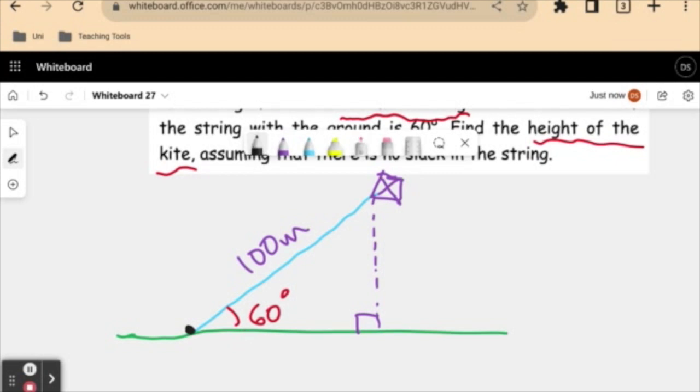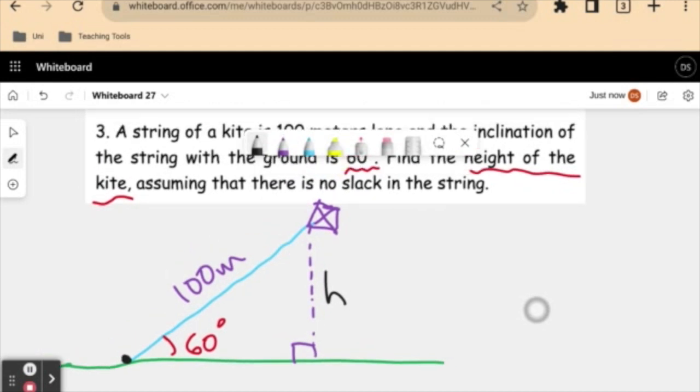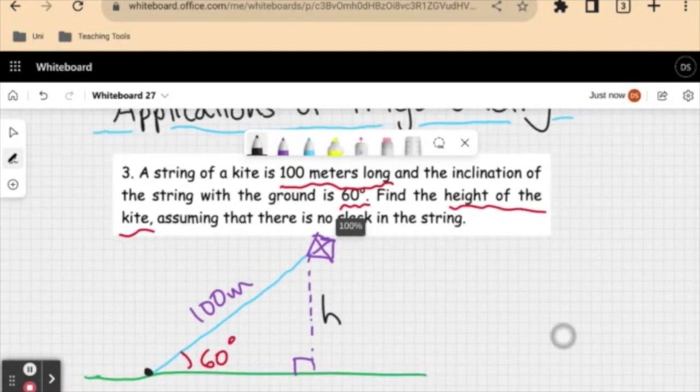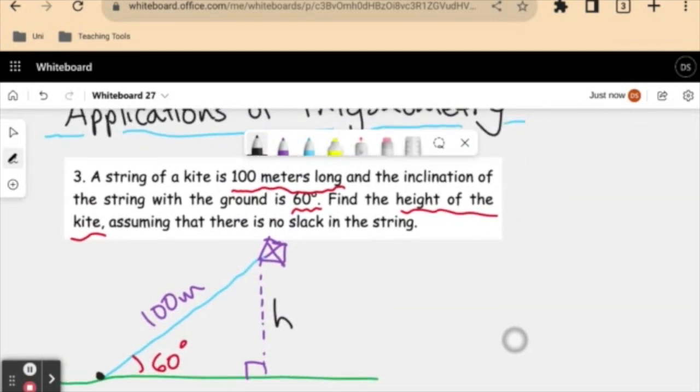Now, I'm looking for a height h. This looks like any regular trigonometric ratio problem. What's my angle in question here? It's this one. I can now classify my other sides in relation to this angle.